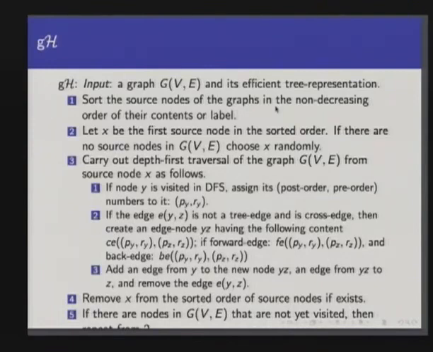I just explained to you that we have a graph. So using pre-order and post-order numbers, we remove forward, cross, and back edges, and we create a new graph, which is a directed graph. And inside that new graph, we have the information of pre- and post-order number of each node encoded.